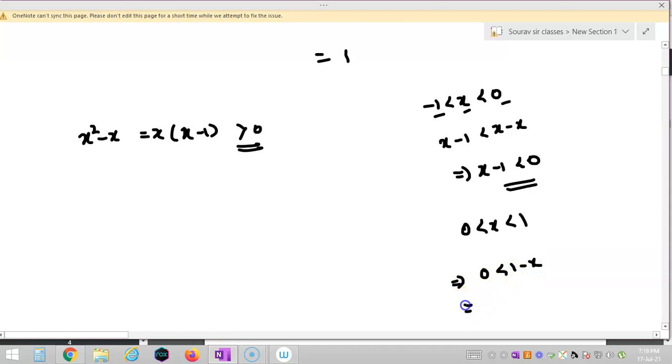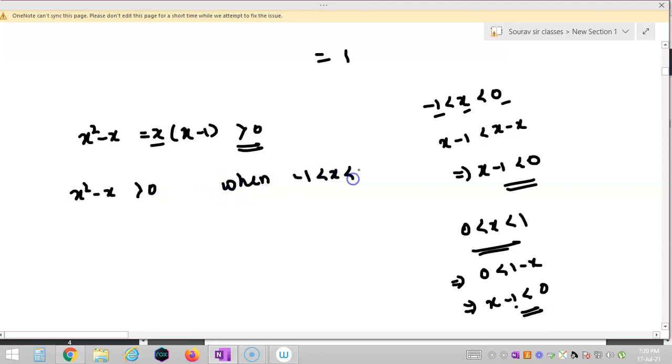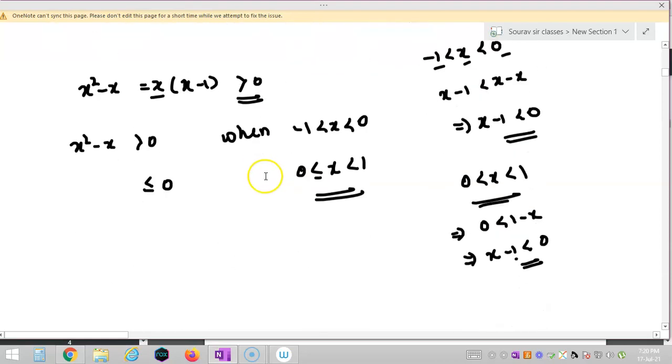If you multiply both sides by minus 1, I can say x minus 1 is less than 0. So in 0 less than x less than 1, x is positive and x minus 1 is negative, so the product is less than 0. So x square minus x is greater than 0 when -1 is less than x less than 0, and less than or equal to 0 when 0 is less than or equal to x less than 1. So now let us try to find the integration of this.